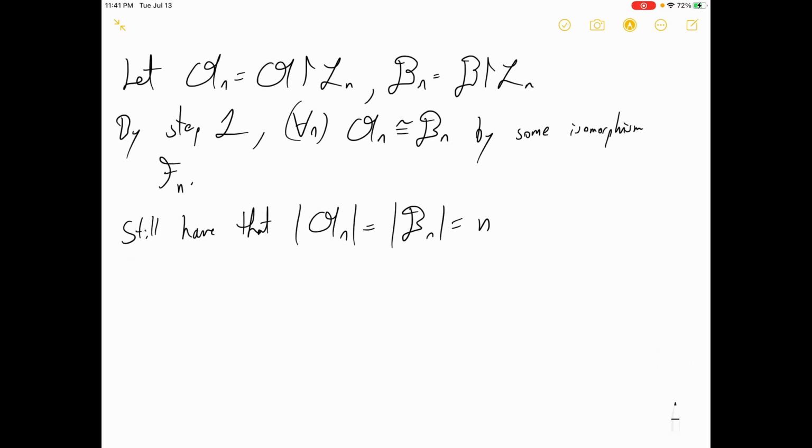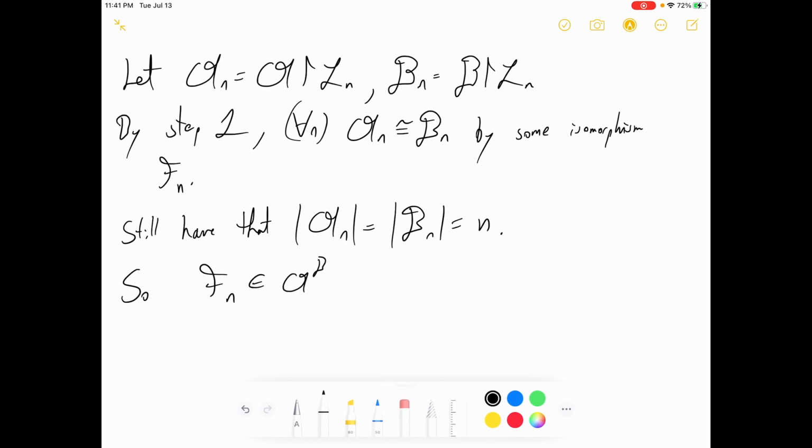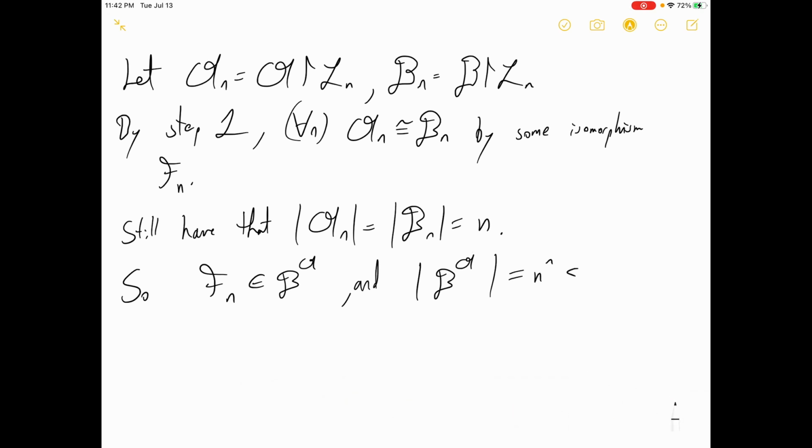So these isomorphisms might be changing, but every F sub n is essentially, you can interpret it as a map, an element of A to the B. And the cardinality of the set of all maps from, or I messed this up, this is B to A. Right, I need to go from A to B. So it's a map from A to B, but this is just n to the n, which is finite.